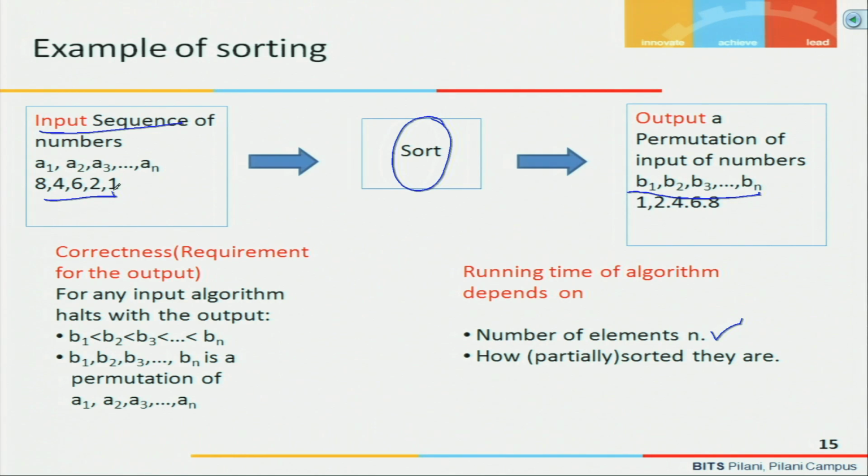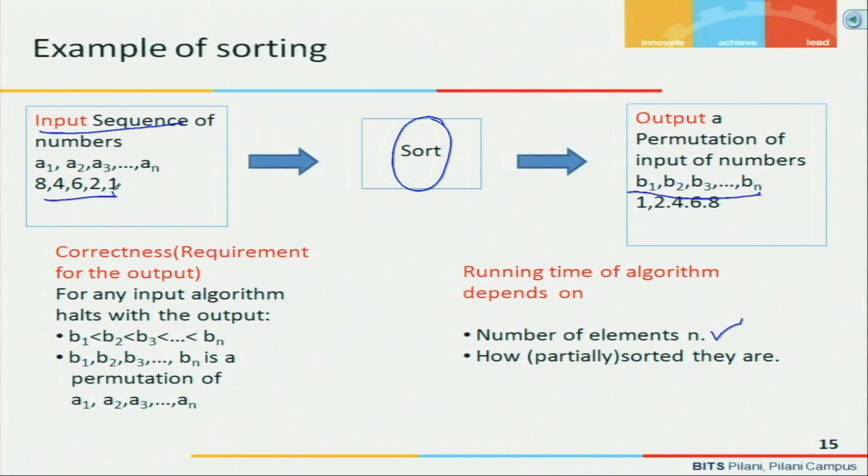Also, as we have seen earlier, it matters whether we have more information about the input sequence. This is similar to the problem of finding a path in a map. As we said, if we have point A and point B in a map and we want to find a path from point A to point B, and we know that point B is to the south of point A, probably the way the solution is going to evolve is going to be different than if we had no knowledge about this.